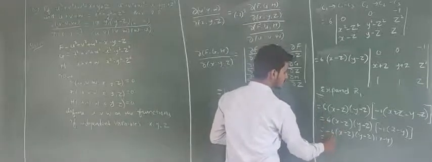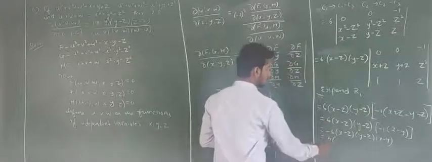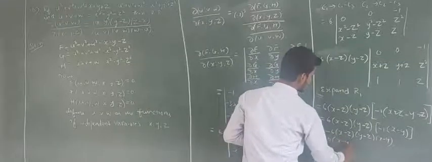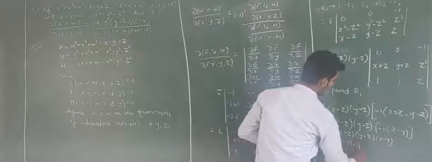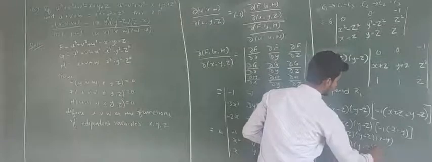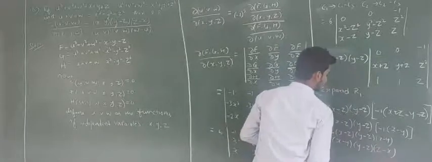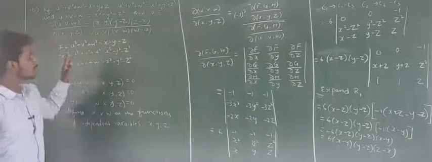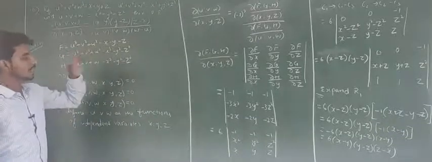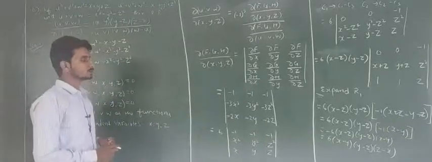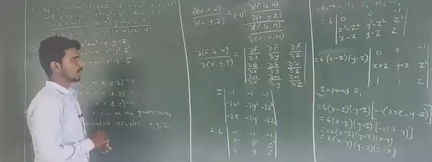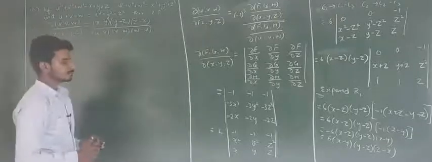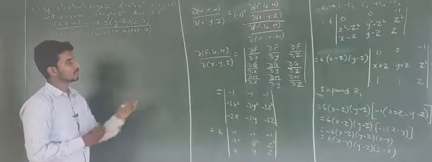Minus of minus will be plus, so 6 into x minus y, y minus z and z minus x. This is the value we have found. Next, we want the denominator part.